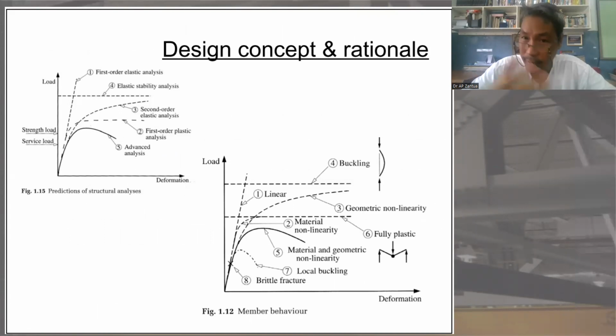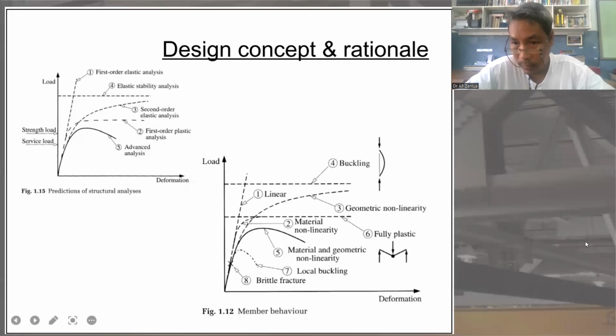There are a lot of real-life examples and narratives that happened in the past where, due to those computation mistakes and errors, structures failed. But first, let us discuss the concept of design and its rationale.